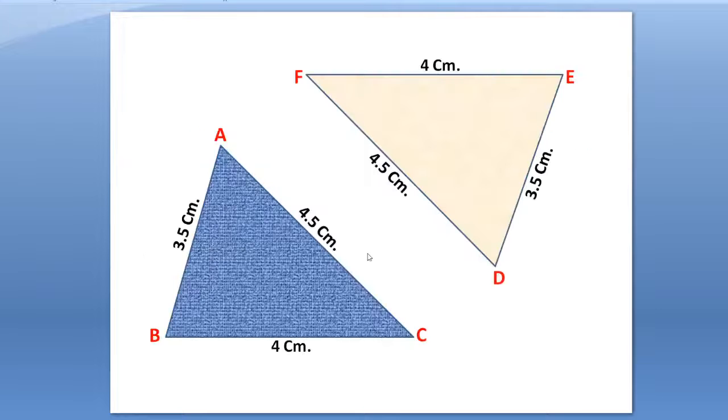Here are two triangles ABC and DEF. AB is 3.5 centimeter, DE is 3.5 centimeter, BC is 4 centimeter, EF is 4 centimeter, AC is 4.5 centimeter and FD or DF is 4.5 centimeter. And let us see what happened here.